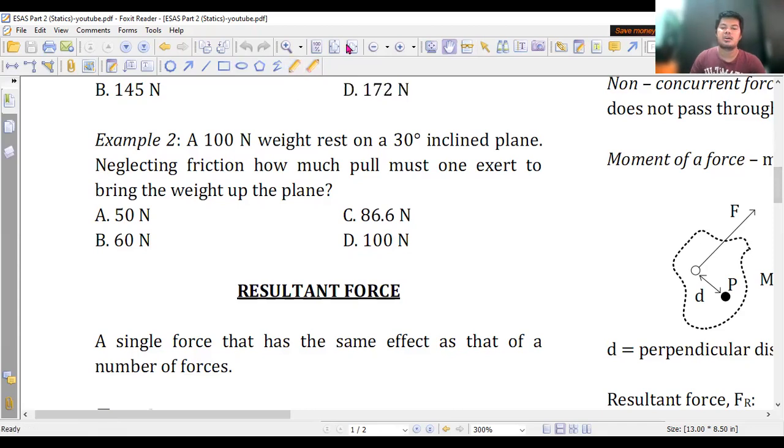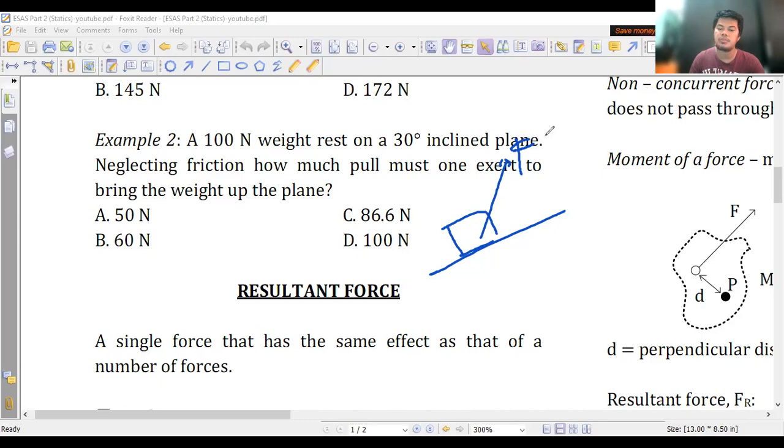Let us say that you have a plane, and then you have a box, and then you exert a force F. Take note that the force F is not the effective force that can move the weight, or this block, up the plane.